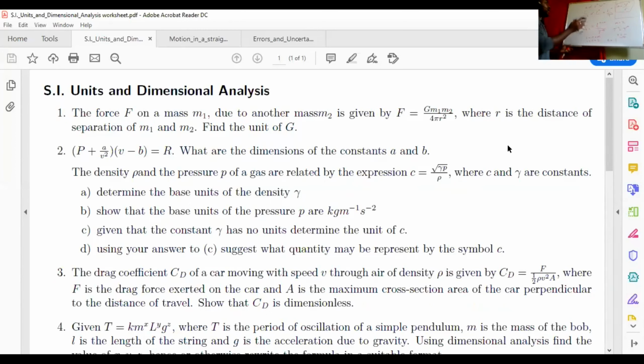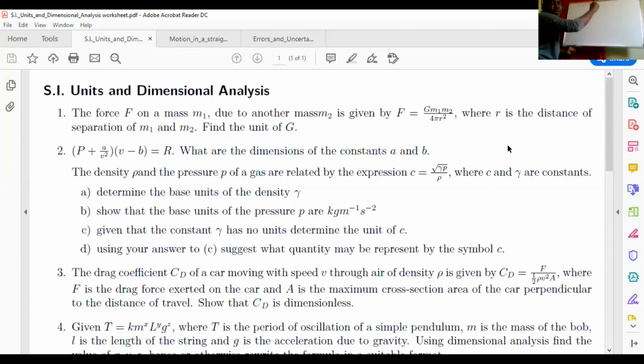All right, so because we're looking at the unit of G, that means this equation is homogeneous. So if it's homogeneous, then your left unit equals your right unit. So let's look at the left unit first.